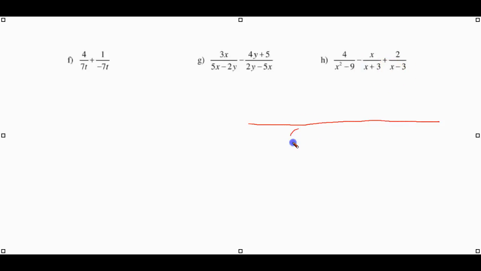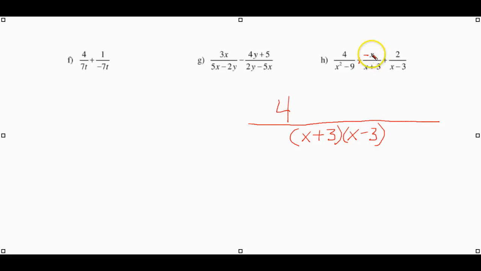So our lowest common denominator is actually this. So this 4 here is already over this. Now we said we're going to make this positive and put the negative there. We don't have to use parentheses since it's only one term.